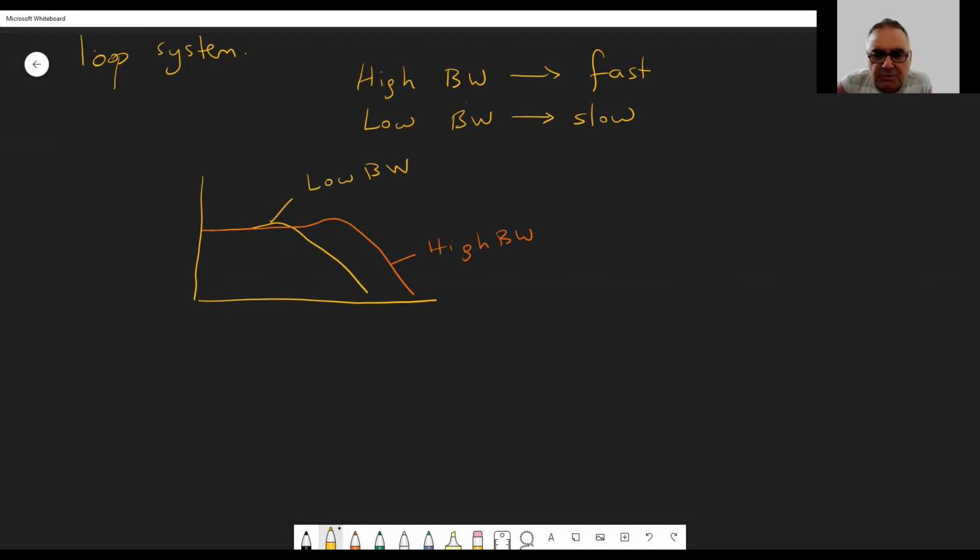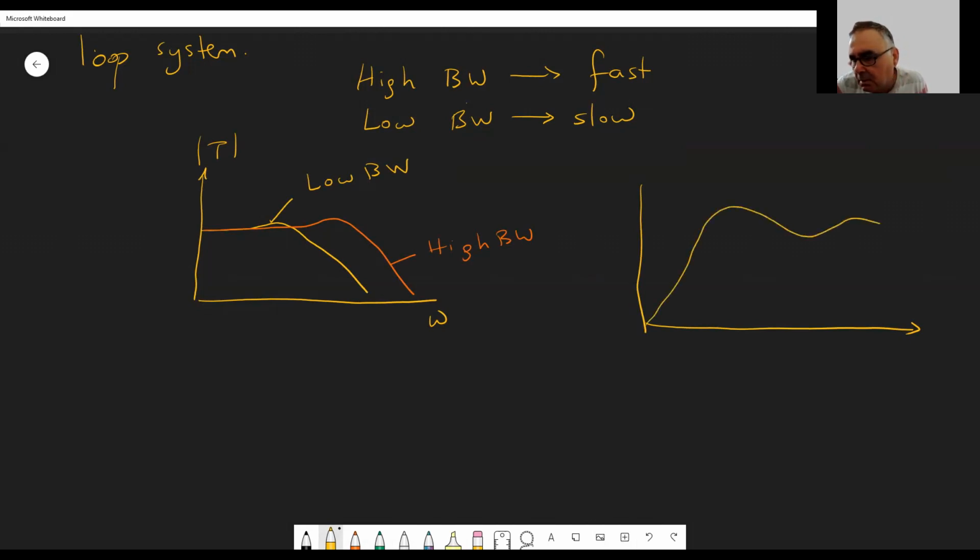If I plot the time response, the step response of this system, it will be like this. For the slow system, it will take some time. This is the slow system, which is low bandwidth, and the fast system will do, oh, sorry, other color.